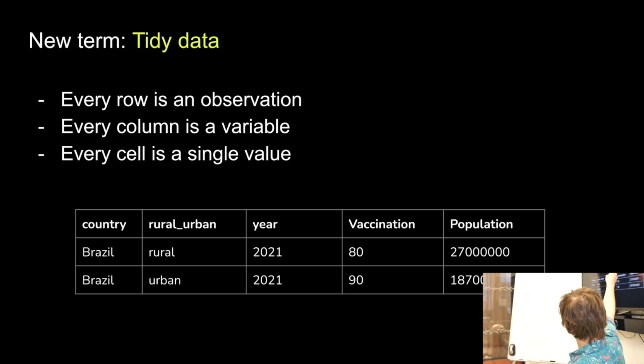Tidy data needs to follow, or by definition it follows, these three requirements. Every row is an observation, every column is a variable, every cell is a single value. If you create a data table that matches these requirements, then it is tidy data that you've made.